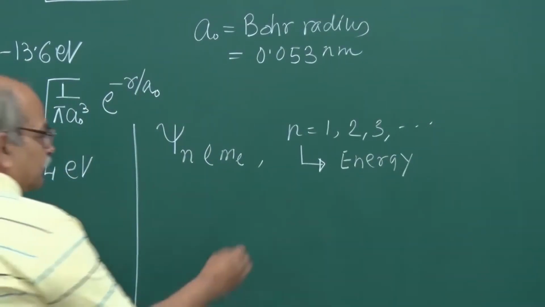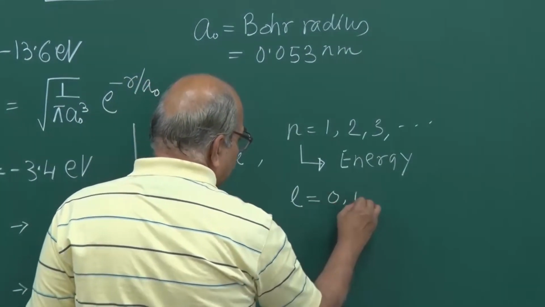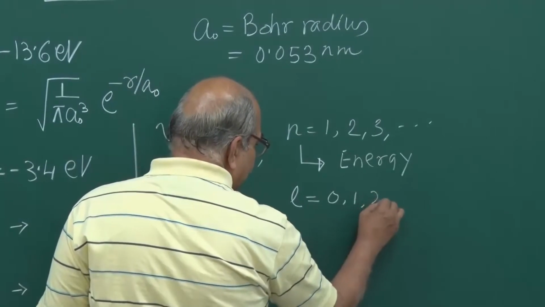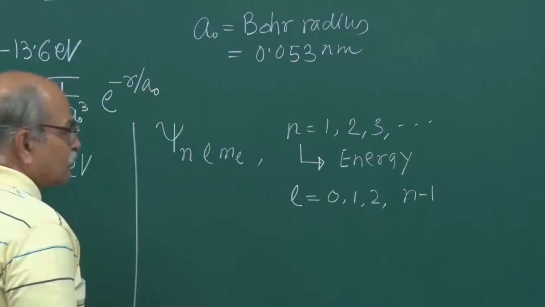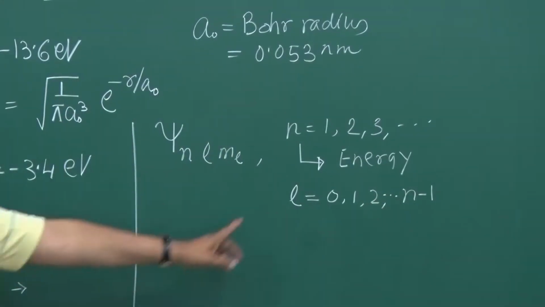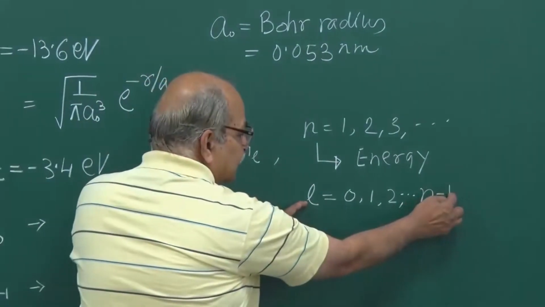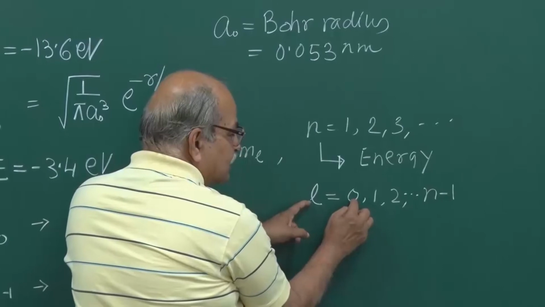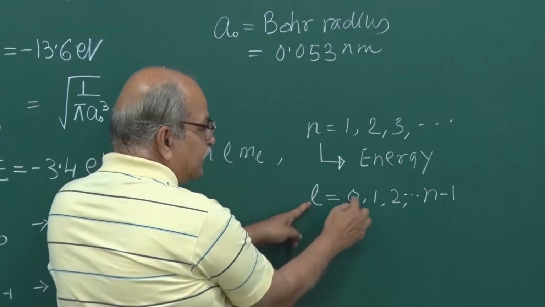And then this L can take value 0 and onwards 1, 2, and it should end at n minus 1. So if n is equal to 1, then n minus 1 is 0, so it should end here itself. So for n equal to 1, the only possible value of L is 0.